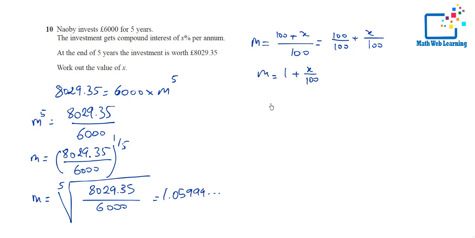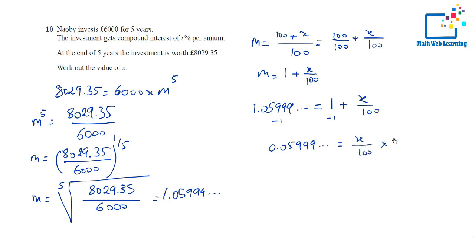If I replace this in here, I have 1.059 recurring equals 1 plus x over 100. Then if you subtract 1 from both sides, you get 0.059 recurring equals x over 100.